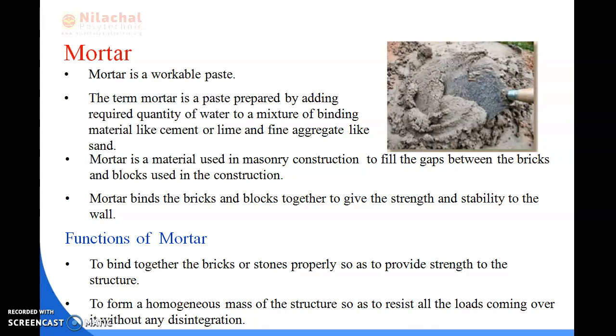Next, what are the functions of mortar? As I have told you, the first function is to bind together the bricks or the stones properly so as to provide strength to the structures.